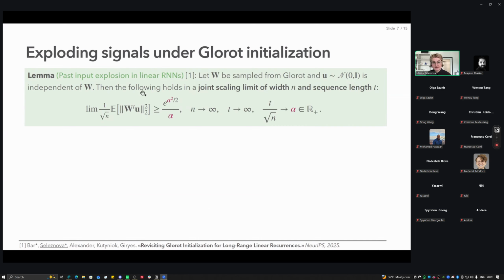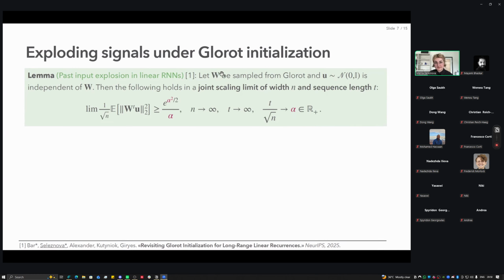So we have this lemma that tells us how effects of past inputs explode in linear recurrent networks in the joint scaling limit of the width n and sequence length t, where the scaling is such that t grows proportionally to the square root of n.